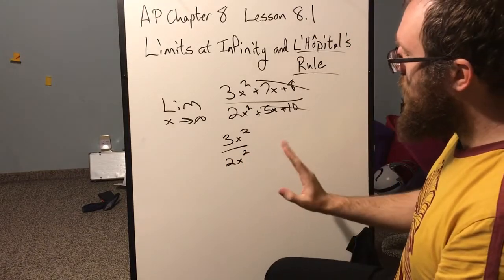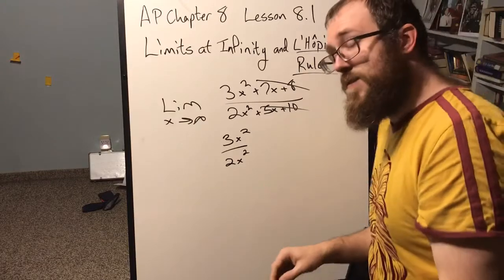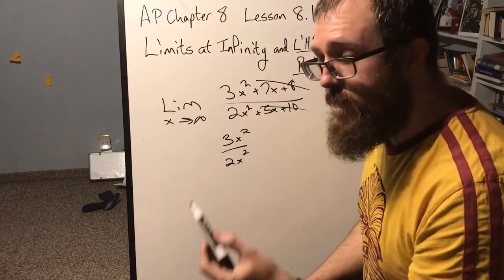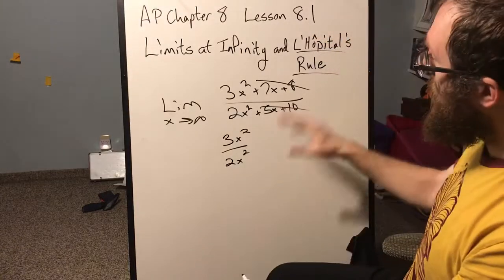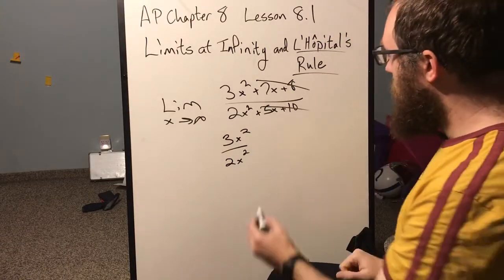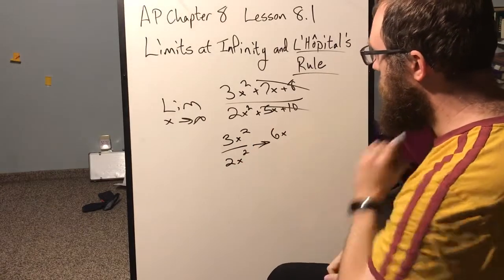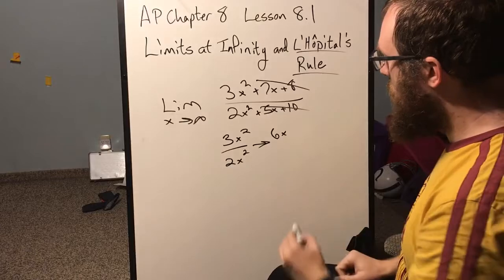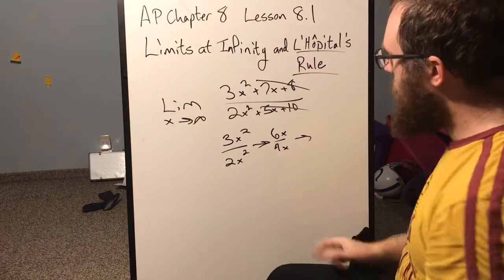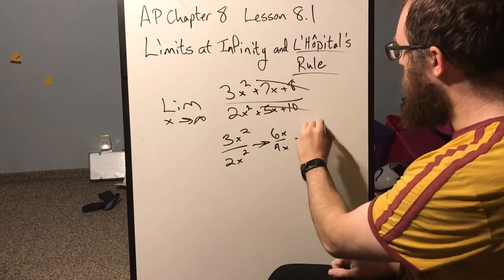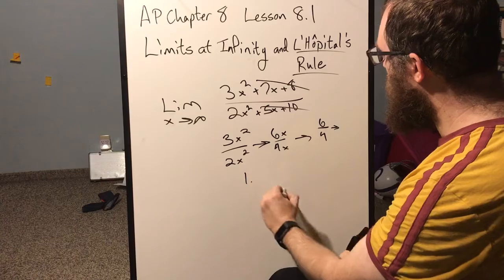Now we're going to take these two remaining pieces and take their derivatives until we have nothing but numbers left. So we don't want any variables at all. The derivative of 3x squared is 6x. The derivative of 2x squared is 4x. Derivative again, 6 over 4, which reduces to 1.5.